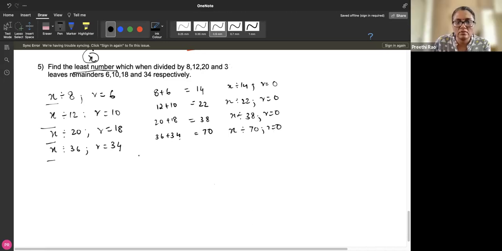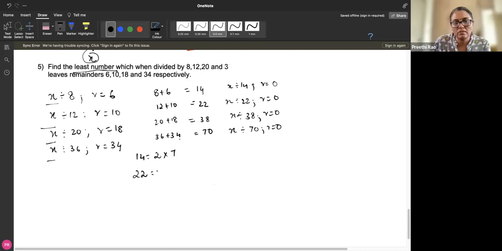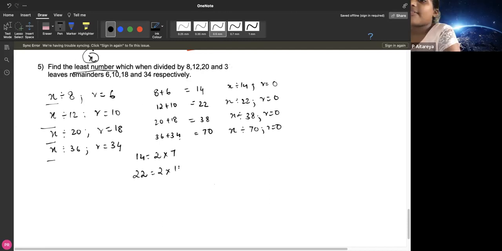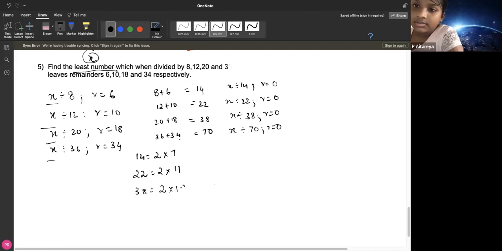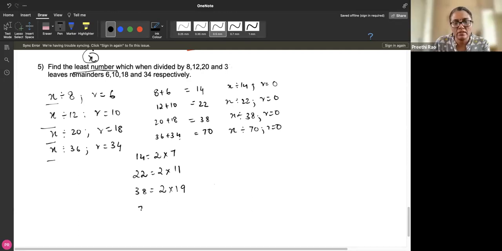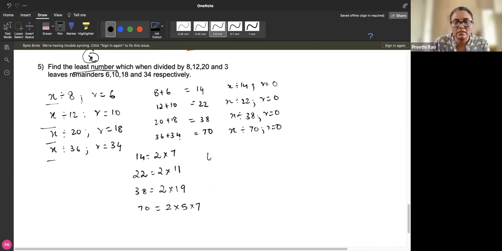So what are the prime factors of 14? 2 into 7. 22 is 2 multiplied by 11. 38 is 2 into 19. 70 is 2 multiplied by 5 multiplied by 7. So what is the LCM?